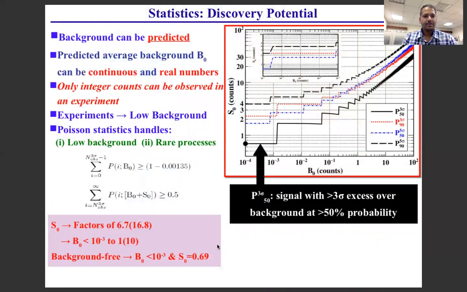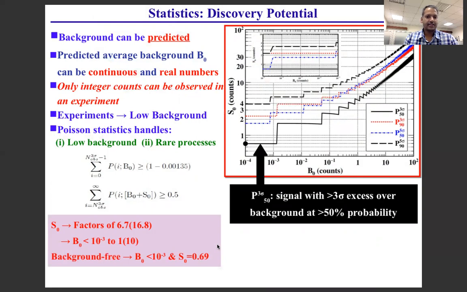In an experiment, the background can be predicted via simulation, and this predicted background can be continuous as well as a real number. However, only integer counts can be observed in an experiment, and most of the experiments are going towards very low background.